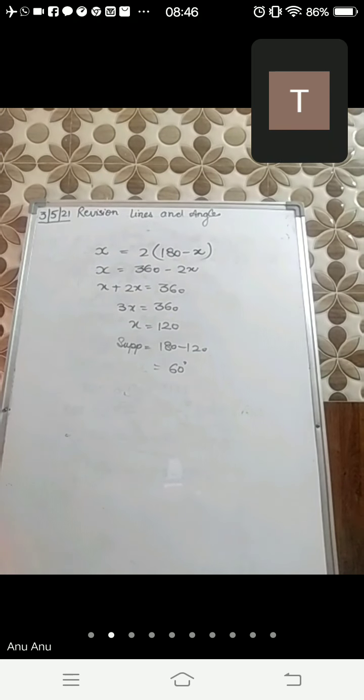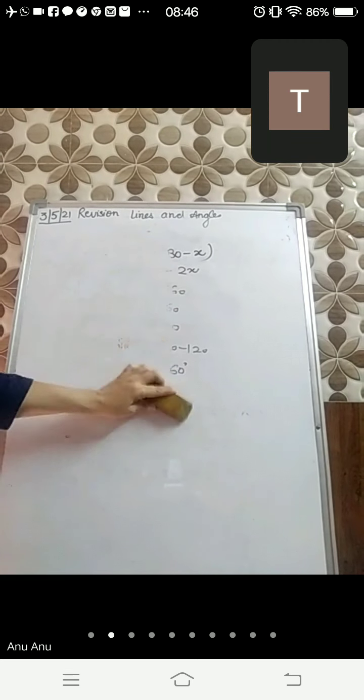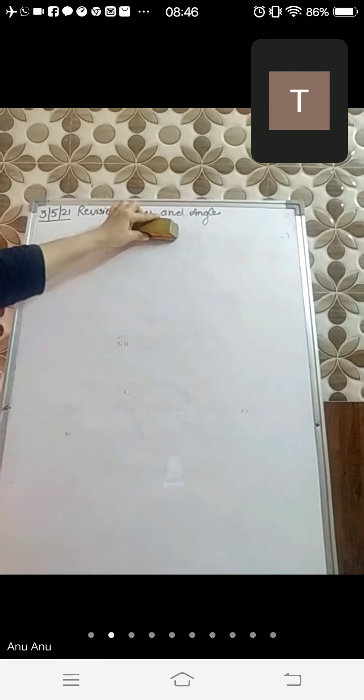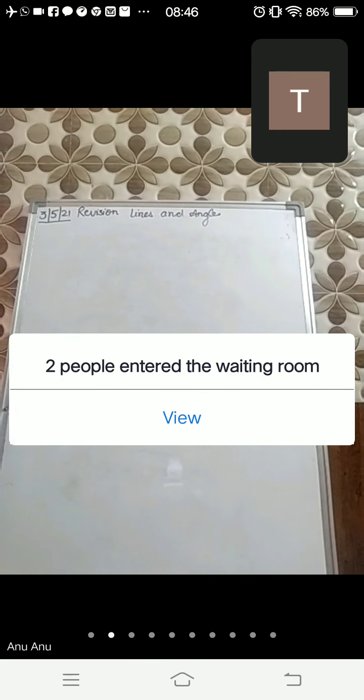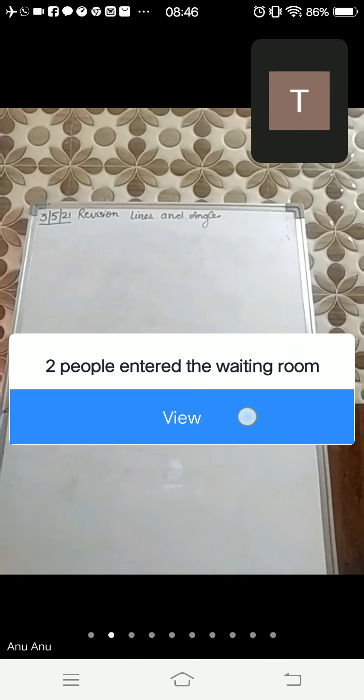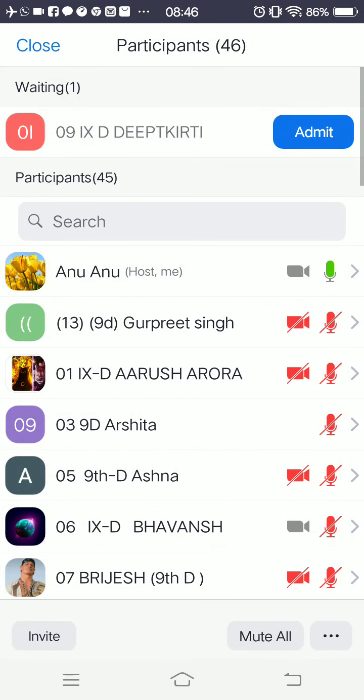And the difference of these two angles is 48. So let's equate the difference to 48 and get the value of the missing angle.